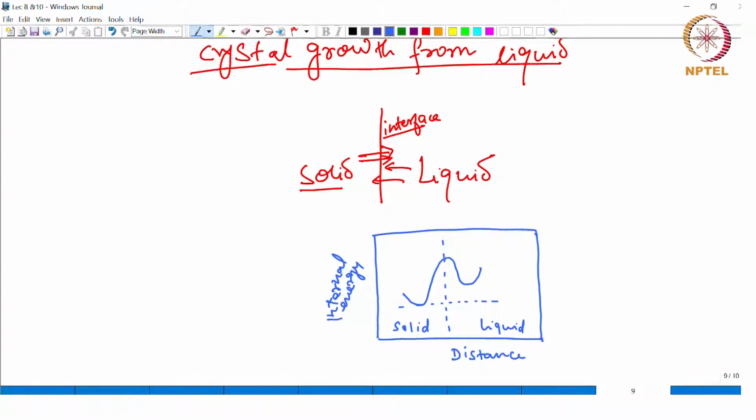Okay. So, if you see, for the solid to grow, or for the atoms to transfer from the liquid to the solid, this energy barrier, which is given by the distance between this well and this peak over here, has to be overcome.